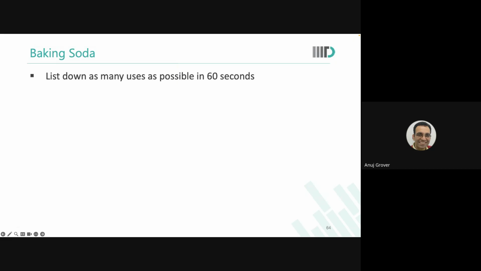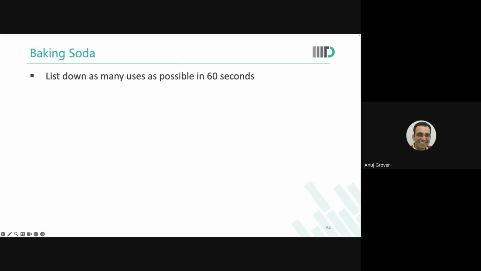Okay. Anything new? Brushing teeth. Okay. Cooking dhokla. Okay. So an anti-allergen, मतलब antihistamine types.